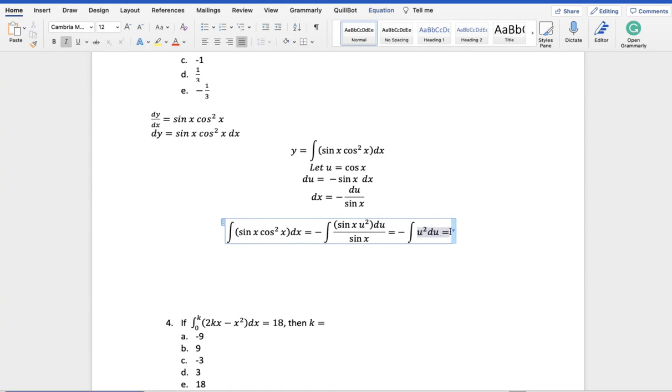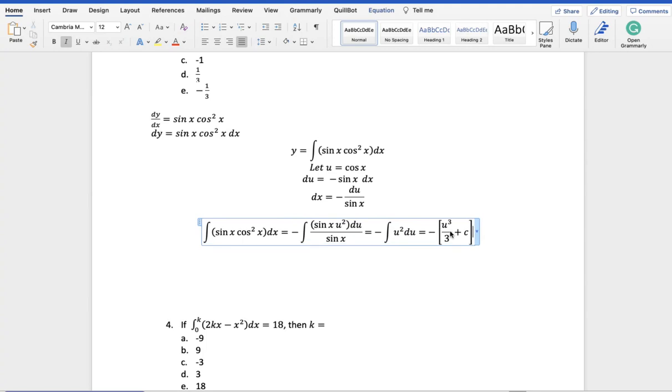Obviously you remember that the integral of u squared du is just u cubed over 3 plus c. Always remember the constant of integration, c.